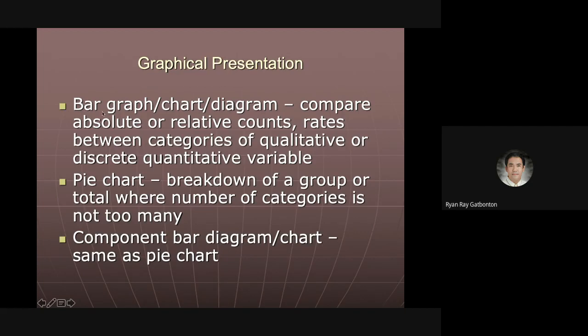It can be a bar graph, a chart, or a diagram, which is used to compare absolute or relative counts. For the number or relative count rate between categories of a qualitative or discrete quantitative variable, the bar graph is used.